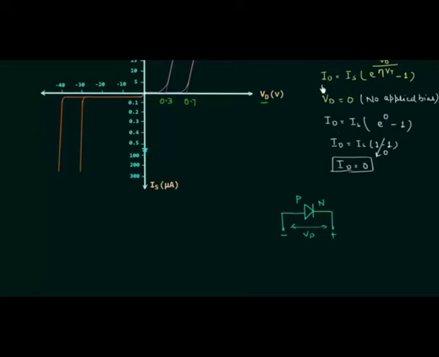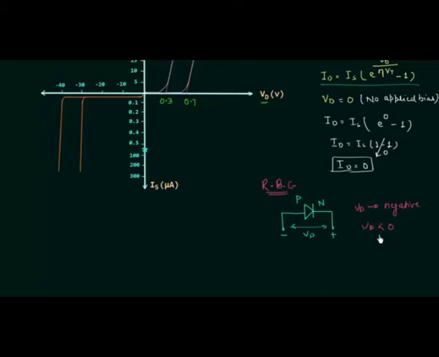We have to find the current through the diode, so we will use this equation: ID is equal to IS in bracket e raised to power VD by eta VT minus 1. In this case, VD is negative, or we can say VD is less than 0. This is for reverse bias condition.